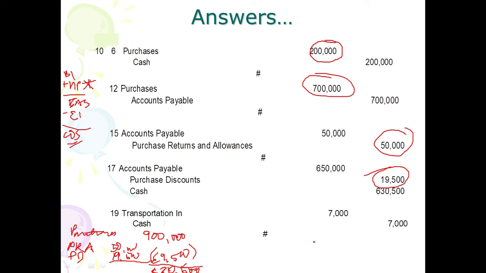Again, total purchases are 900,000 minus purchase returns of 50,000 minus 19,500 purchase discounts plus your transportation in of 7,000. So you should get net purchases of 837,500.